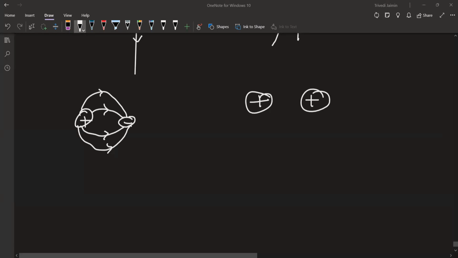So both are outgoing, then what will you do? Sir, done. Outwards and it will be curved. Outward curve.